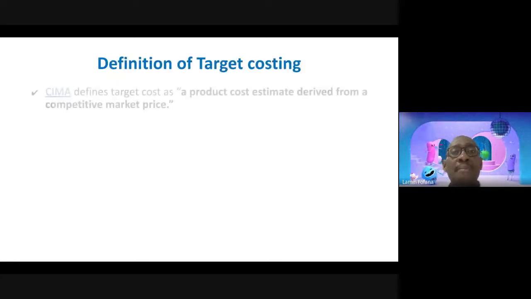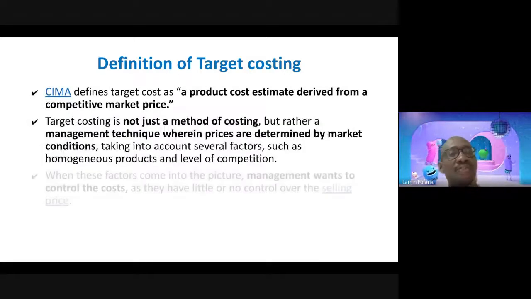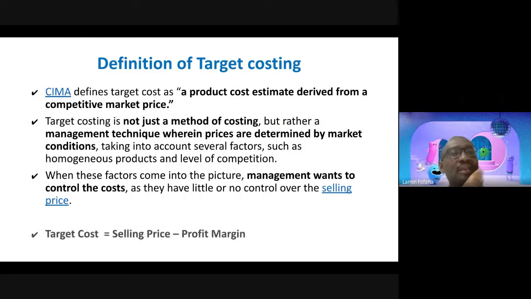So target costing, we have various definitions, as you can see here. According to CIMA, that's Chartered Institute of Management Accountants, they define target costing as a product cost estimate derived from competitive market price. So you see, the target cost has to derive from competitive market price.